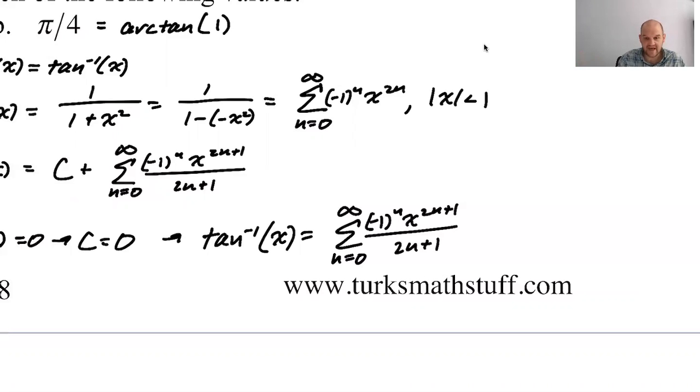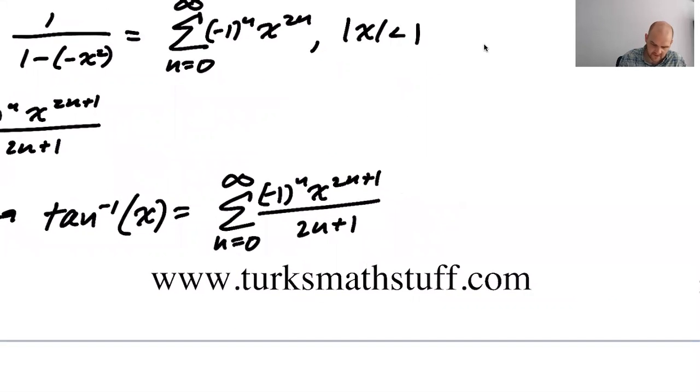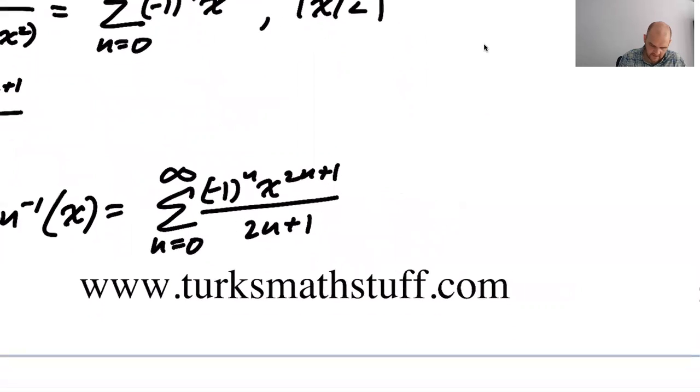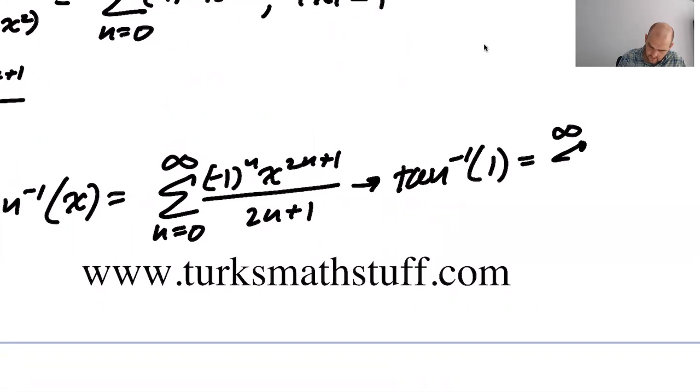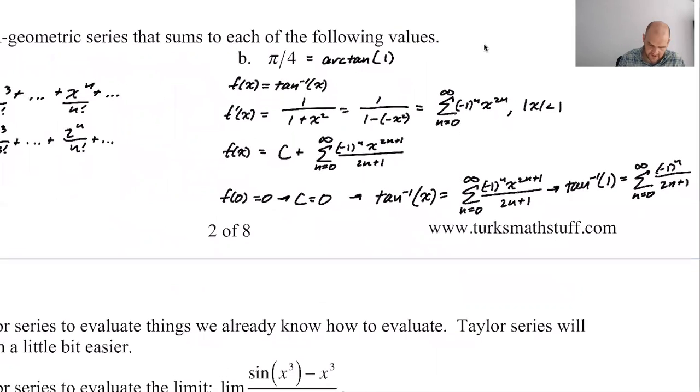So it converges at x equals 1. All right, so then I'm going to say that arctan of 1 is the sum of negative 1 to the n over 2n plus 1. So that's a series that it converges to.